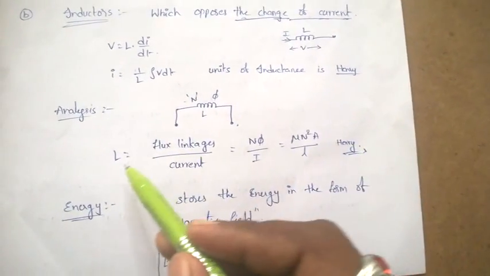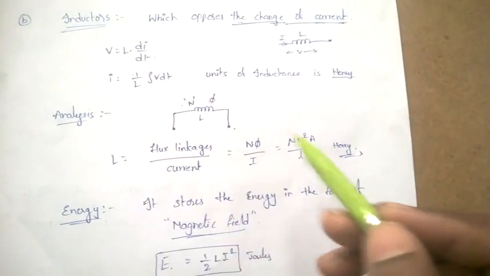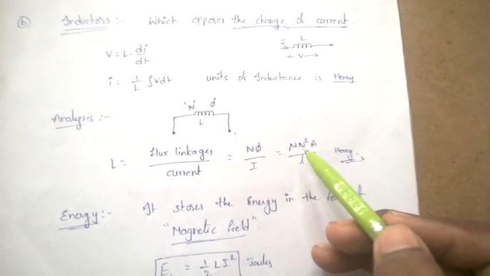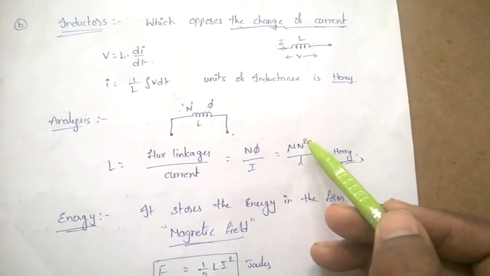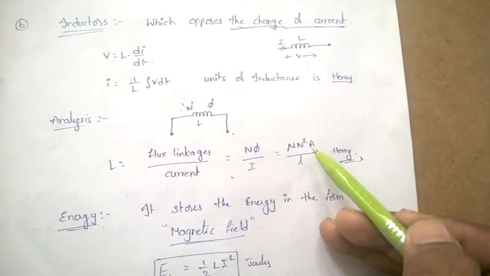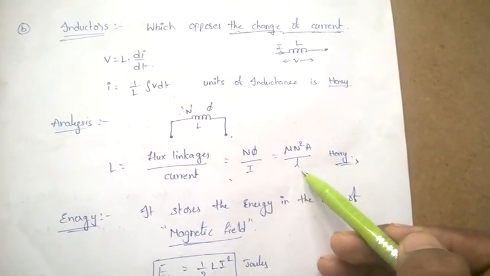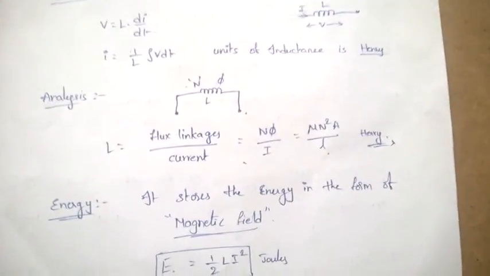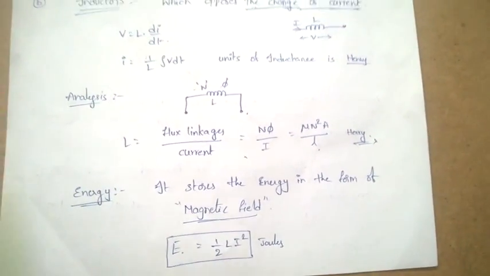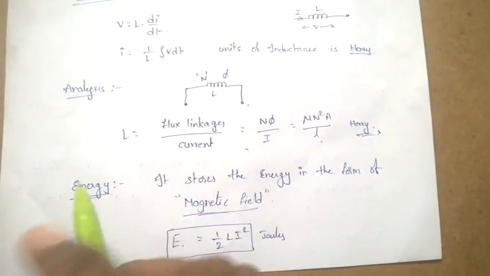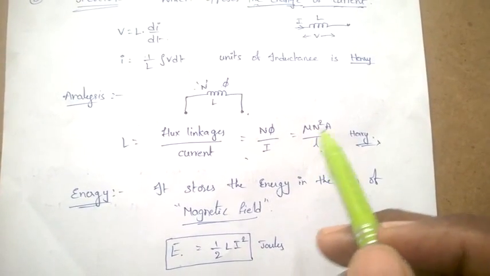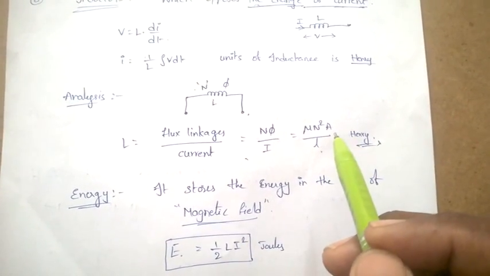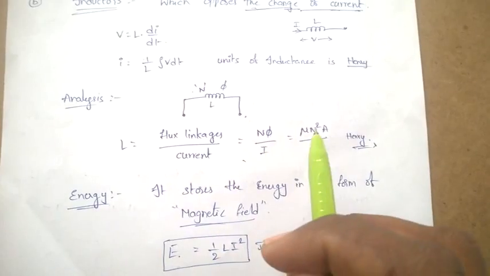So the inductance is proportional to the number of turns squared, proportional to the area of cross section, and inversely proportional to the length of the wire. It is a very important formula.